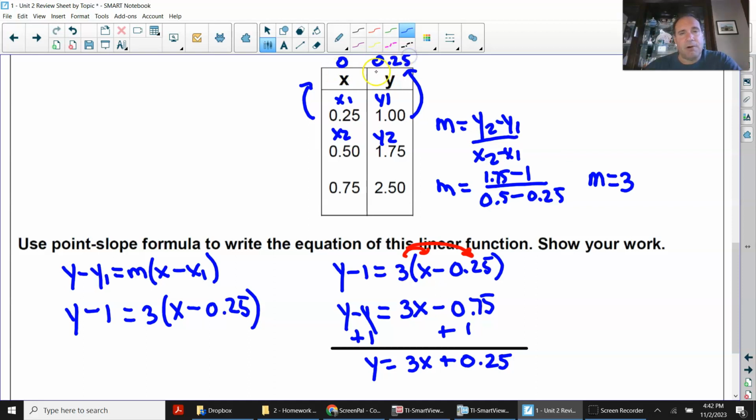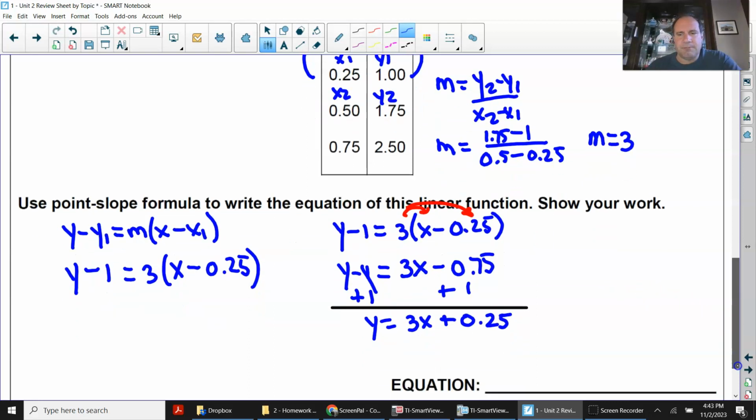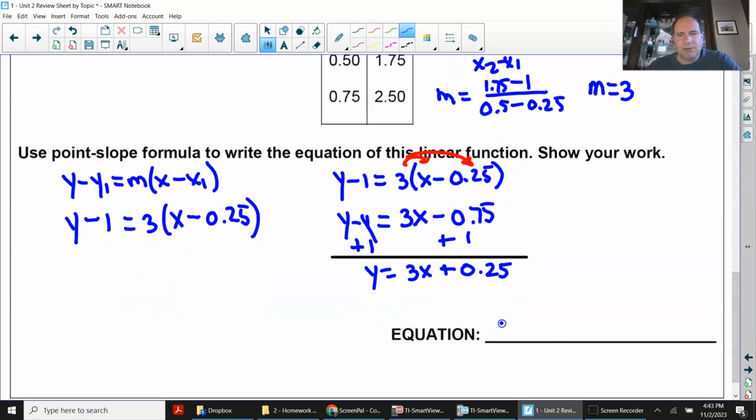And that is the y-intercept. So the pattern would be adding 0.75 going forward and then subtracting 0.75 going backwards. But you don't have to do that. It says use the point slope formula to write the equation. I did, and that's how you use the point slope formula. The equation is y equals 3x plus 0.25.